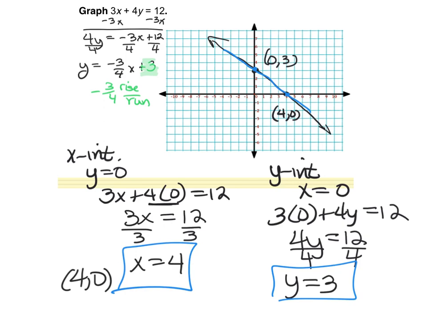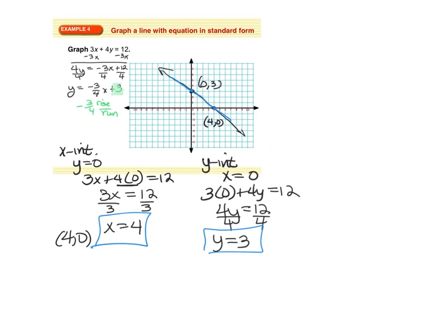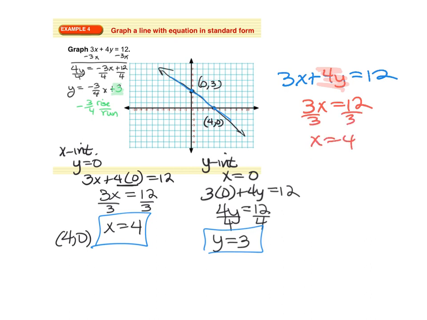Now, when I teach this to my Algebra 1 class, I teach them a trick called cover up, where I cover up the x's and solve for y, and then cover up the y's and solve for x. So for example, if you have 3x plus 4y equals 12, and I want to find the x-intercept, I take y and I cover it up. And now what I'm going to solve is what isn't covered up, and then I get my x-intercept, which is the same thing I did by plugging in 0.